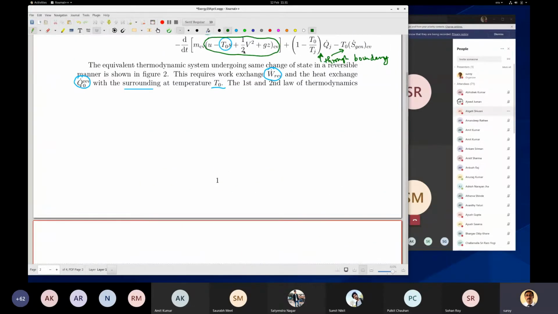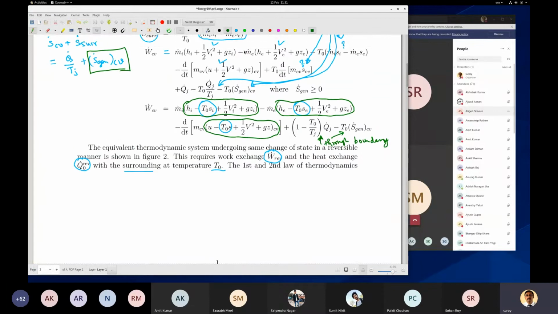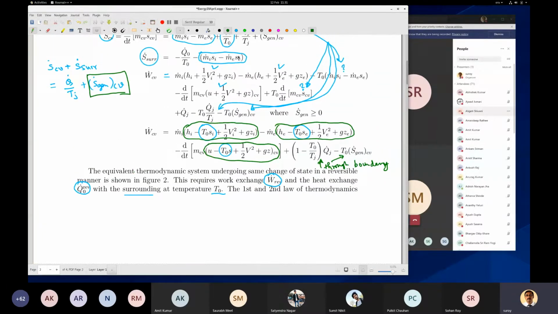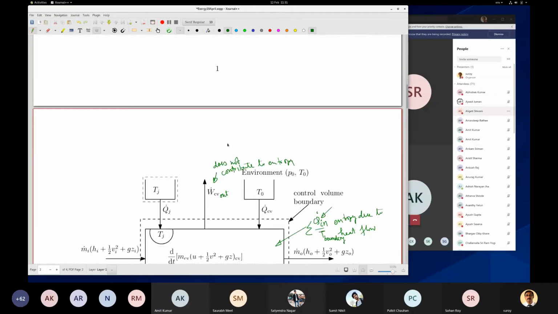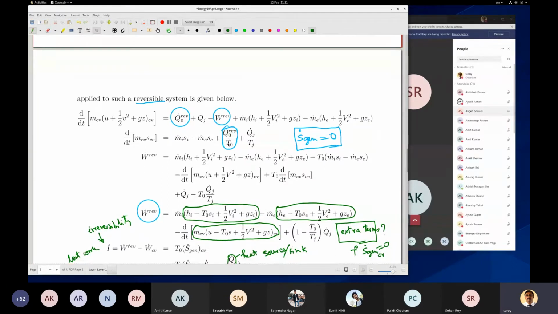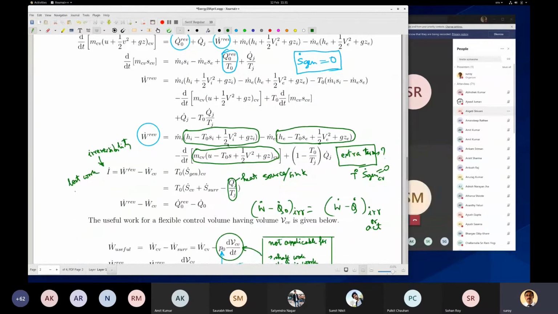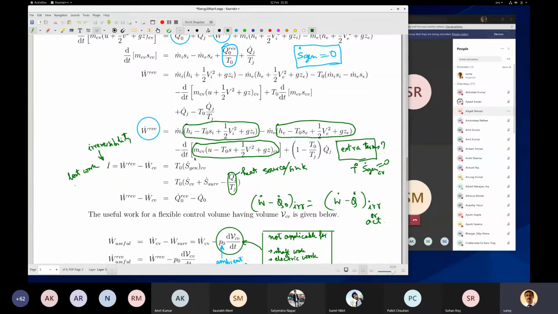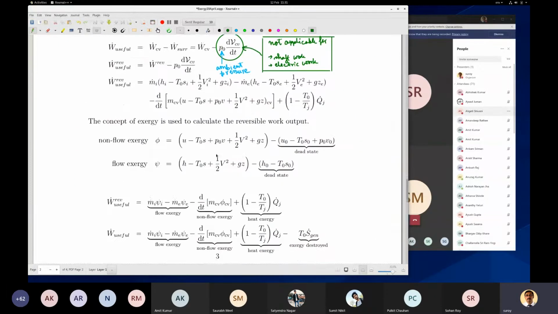Now we also have, finally, these concepts of work, right? So we have introduced these two terms. Let me do it properly here.